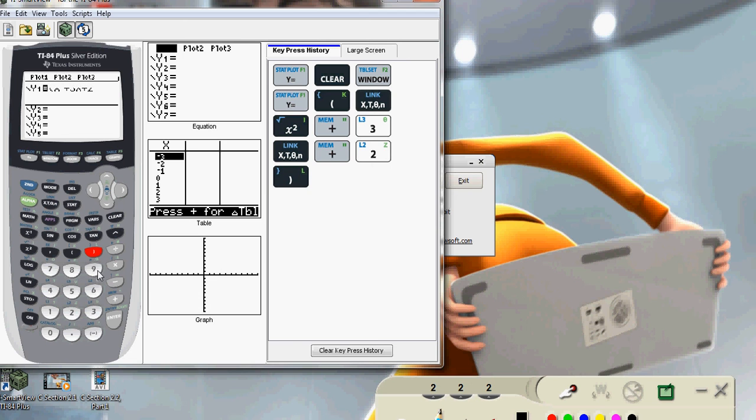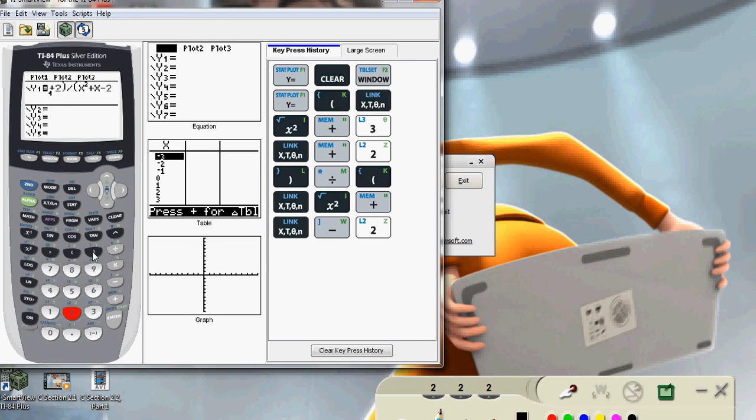That is all in the numerator, so I'm going to close that out and then divide out everything that's in the denominator, which is x squared plus x minus 2. And close that out. And let's graph it, and hopefully I haven't made any mistakes.